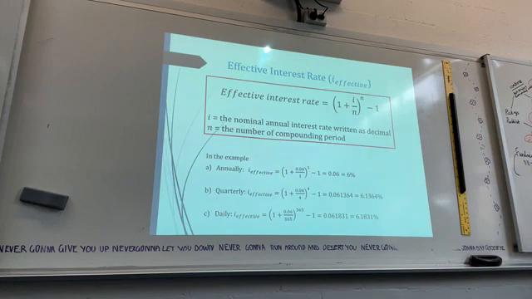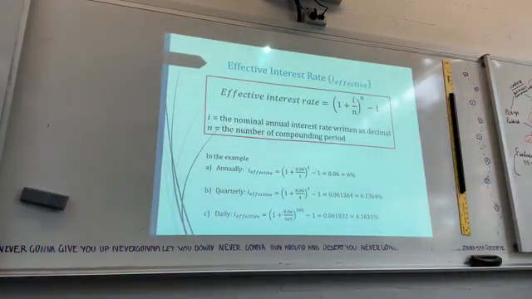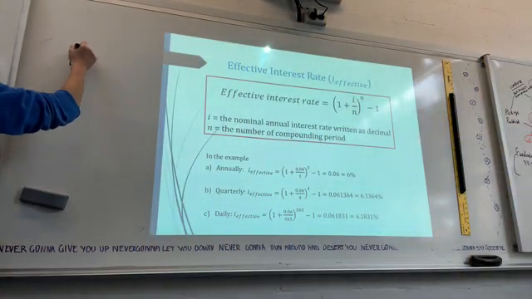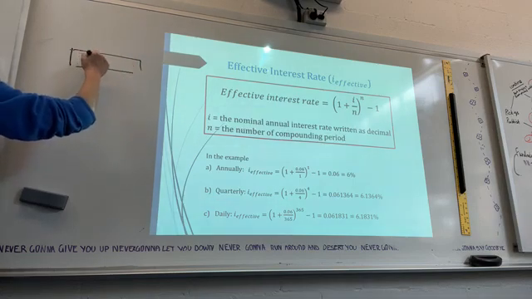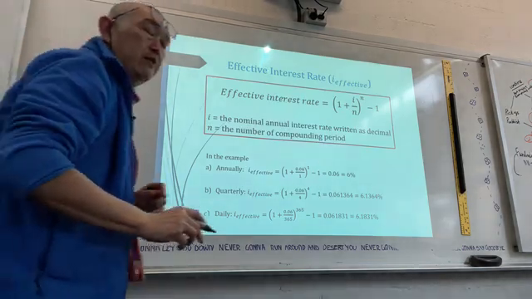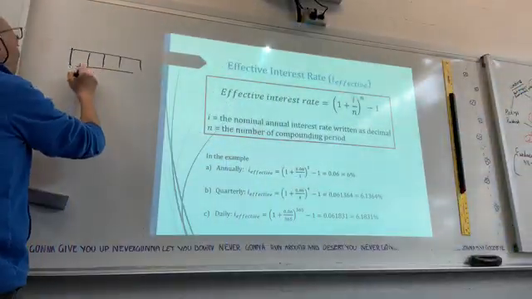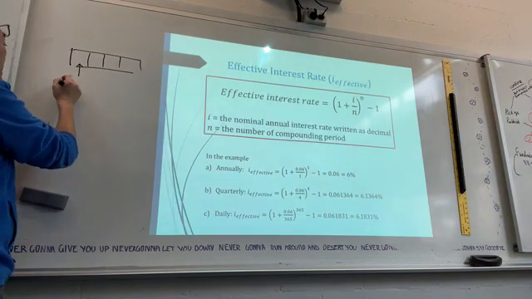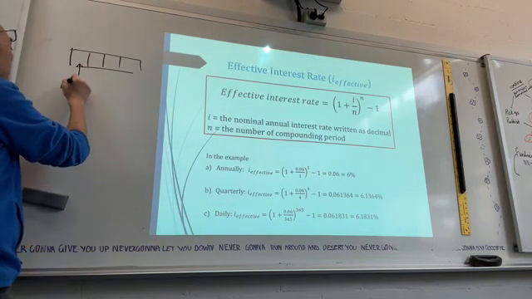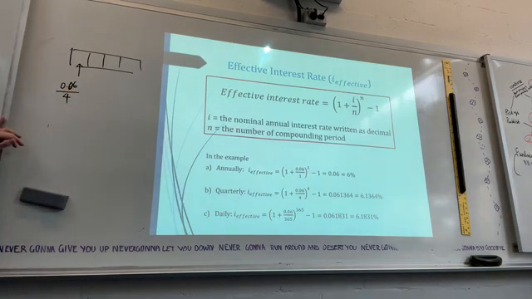So what happened is, we are looking at 1 year, and we have split that into 4 quarters. Correct? The interest rate per quarter will then be 0.06 divided by 4.